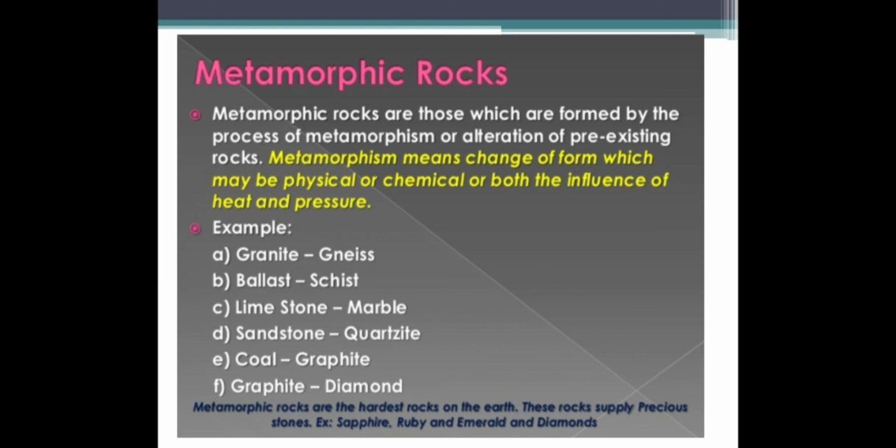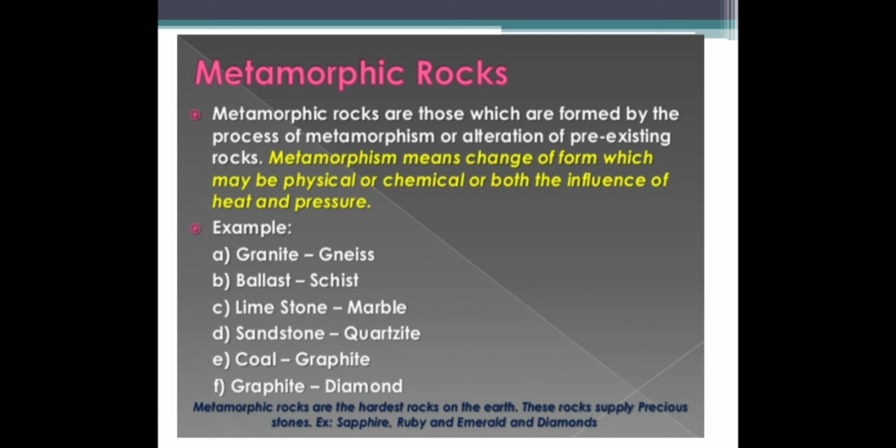This you should remember, that they are the hardest rocks on the earth, and these rocks supply us with precious stones. You must have seen in jewelry shops: ruby, sapphire, emerald and diamonds. Sapphire will be blue, ruby maroon.